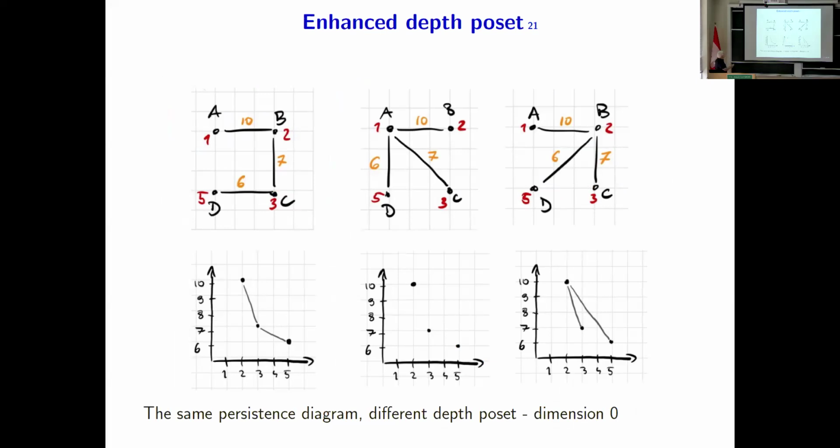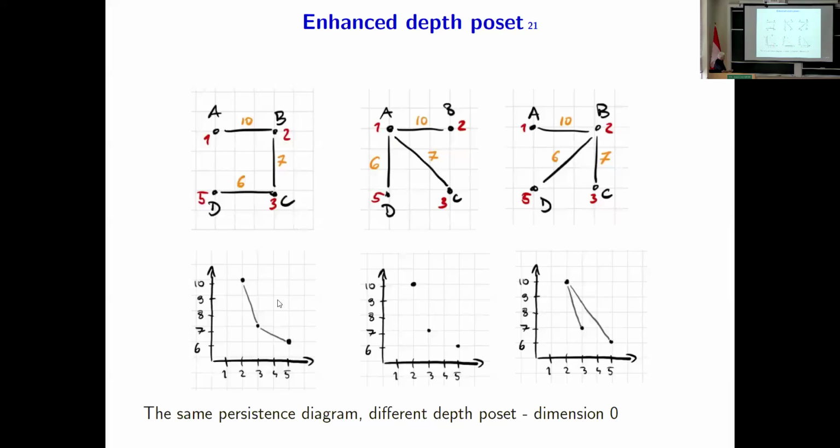So here is an example of three very simple filters on simplicial complexes. The numbers give you the ordering in which you add the simplices. They have exactly the same persistence diagram. They are at the bottom, and typically the persistence diagram is drawn as a collection of dots.